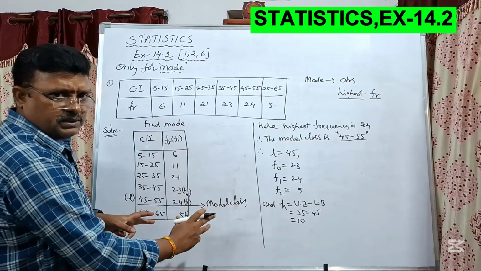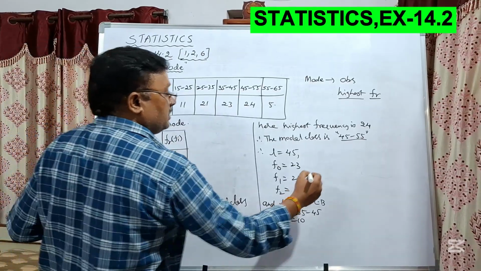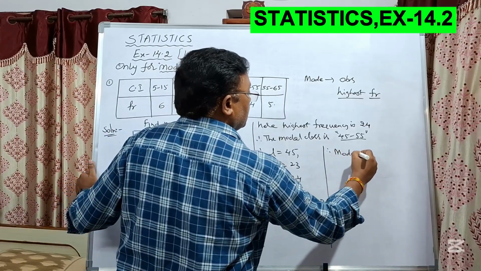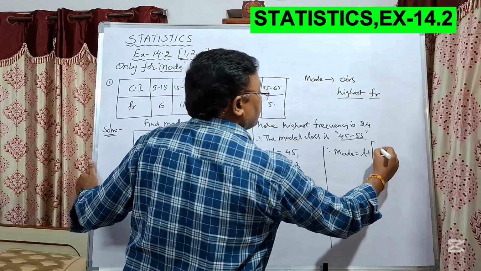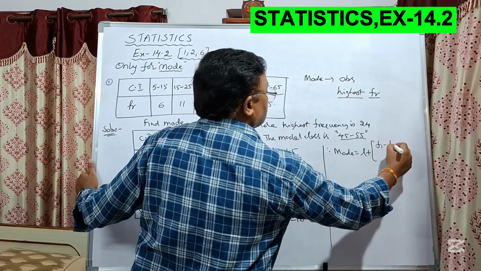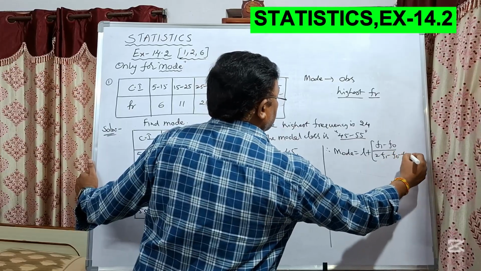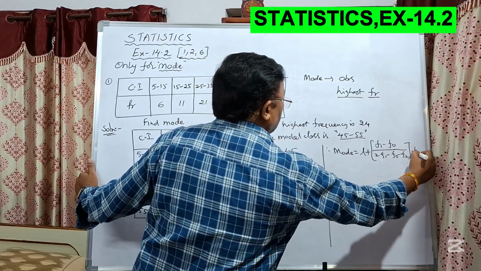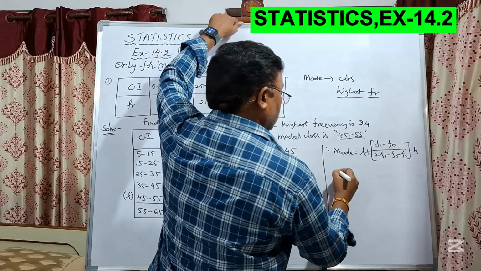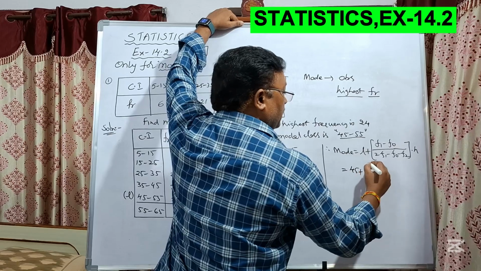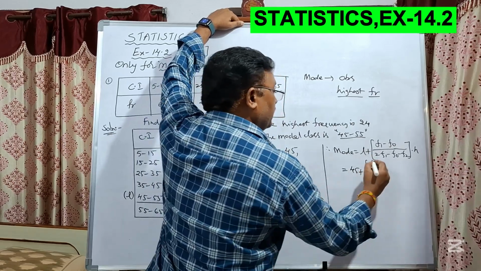No extra columns have been prepared, right? So now write the formula. Therefore, mode is equal to L plus (f1 minus f0) by (2f1 minus f0 minus f2) into h. Got it? So that is equal to L value 45 plus f1 value 24.